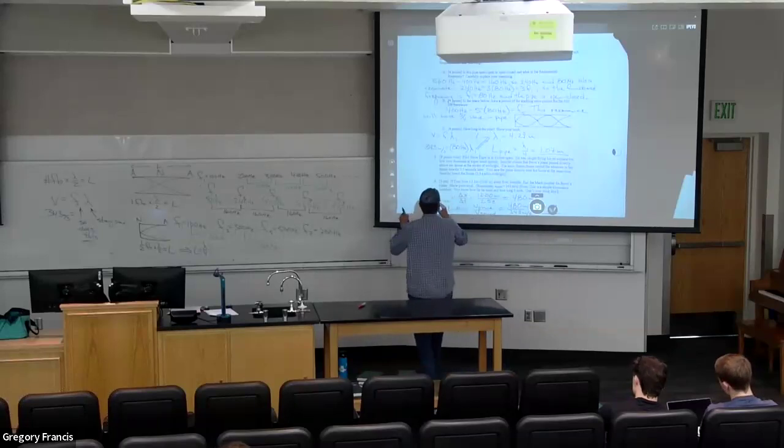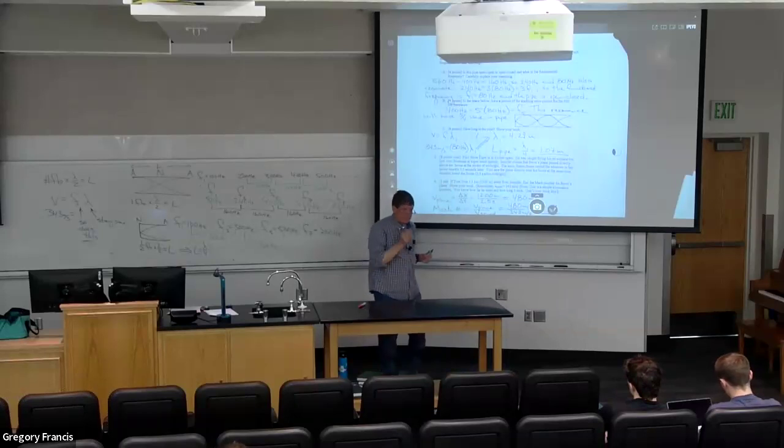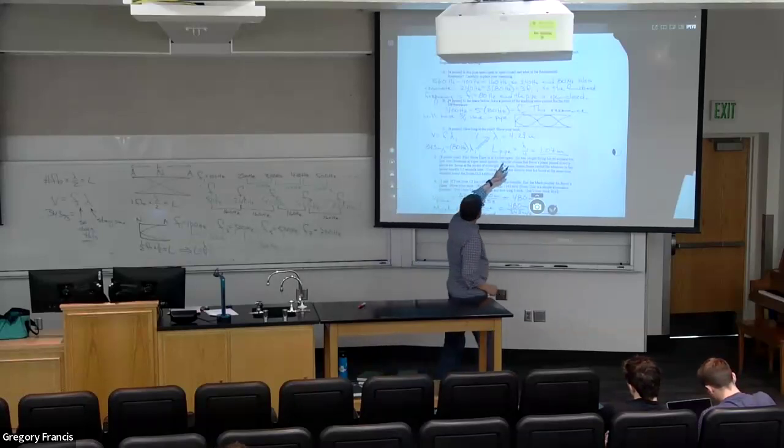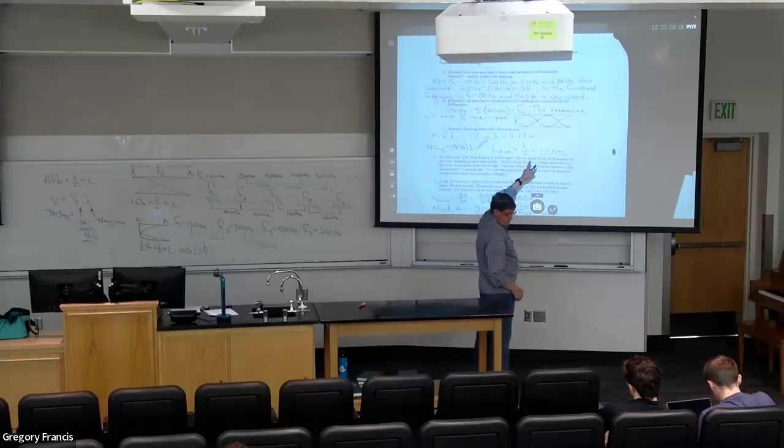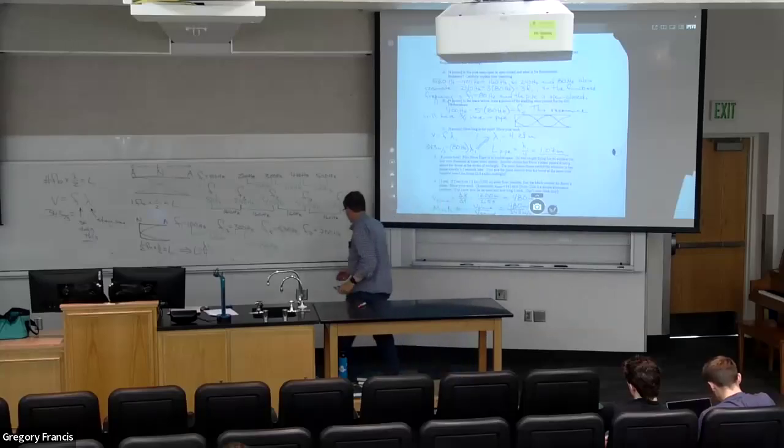Now, let's look at this here. I chose to use the fundamental wavelength to find the length of that pipe. But I could have chosen this fifth one. Let's do the fifth one just for kicks and giggles, okay?